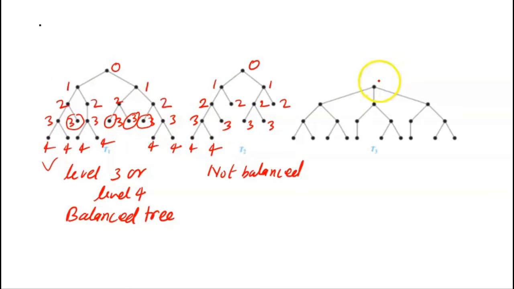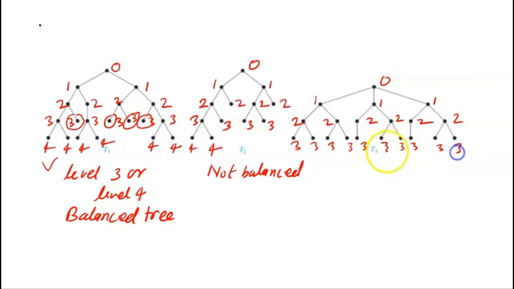Now let us take this example. Label 0, label 1, 1, 1, 2, 2, 2, 2, 2, 2, and all these are at label 3. If you look at this, the height of this tree is 3, and if you look at the leaves, these two are internal vertices.